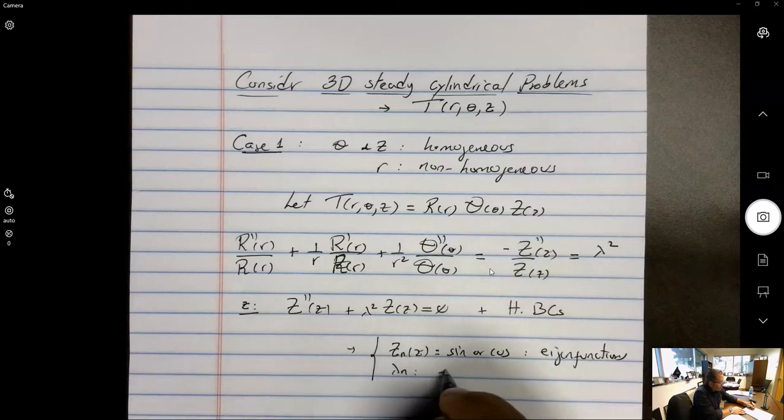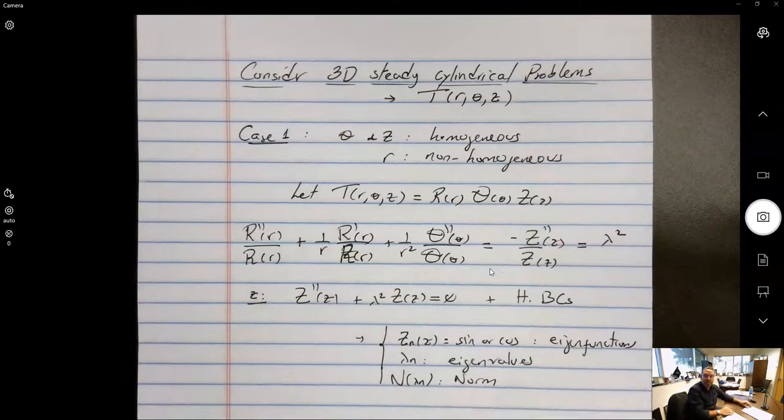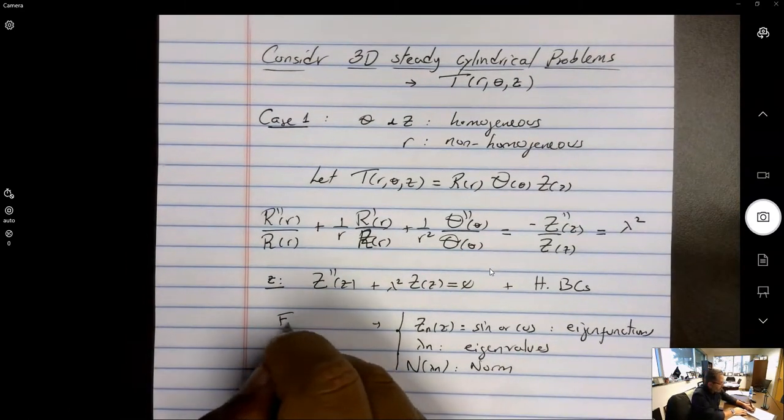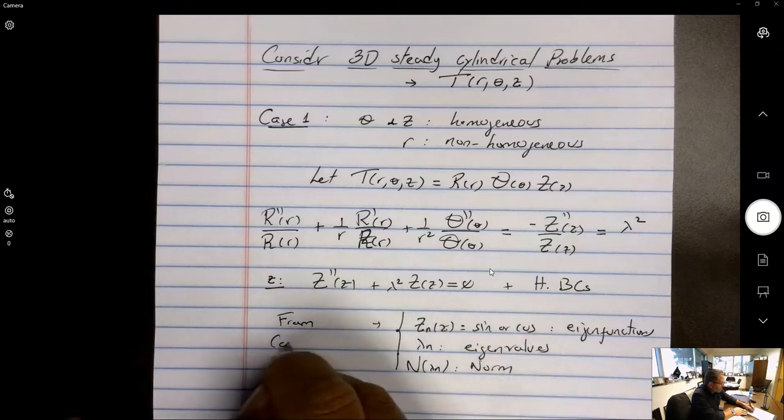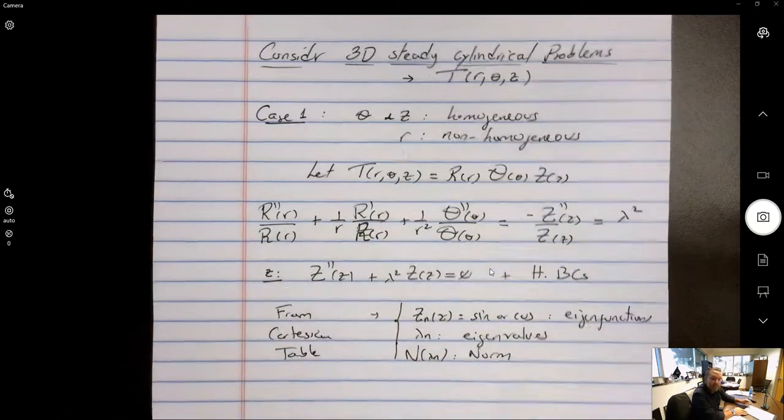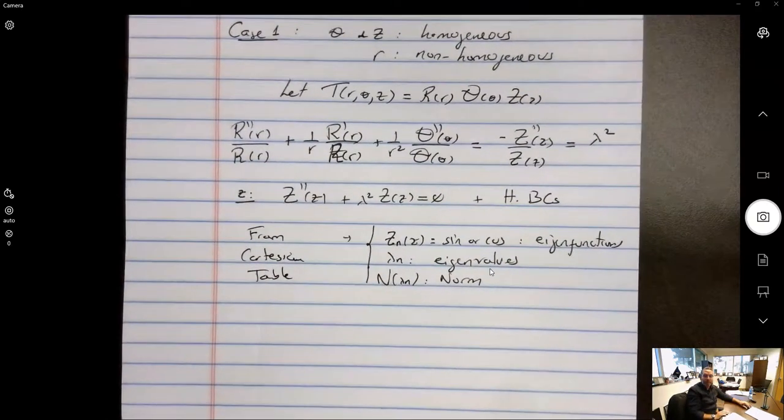Lambda n are the eigenvalues, and N of lambda n the norm. And thus from the Cartesian table, the same one we use for x and y.